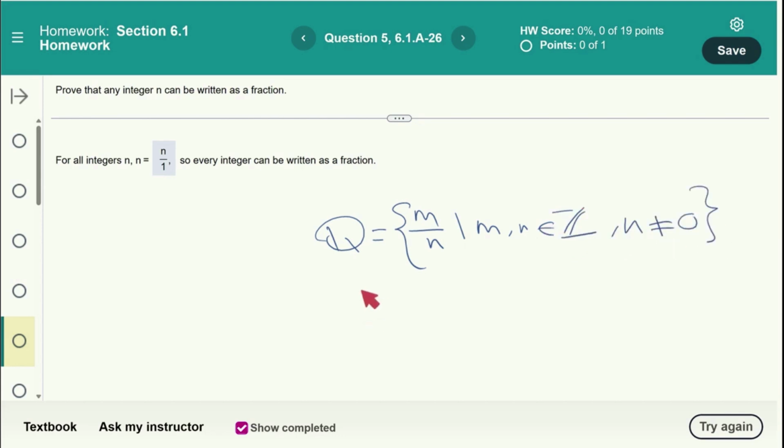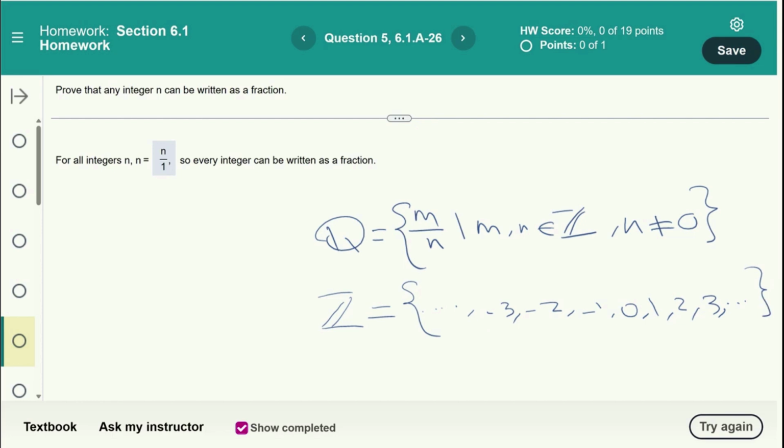So if you take the set of integers, which is composed of 0, 1, 2, 3. Actually, let's start with the negatives. That's better. So dot dot dot -3, -2, -1, 0, 1, 2, 3, etc.